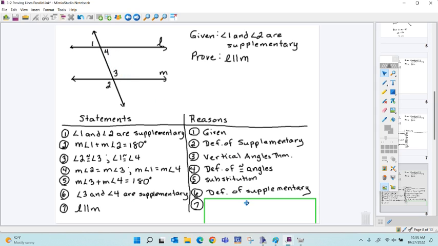So couldn't number 5 be vertical angle theorem again? Step 5 is not the vertical angle theorem, because the vertical angle theorem specifically says that the angles are congruent. This isn't saying the angles are congruent. This is actually taking the angles out and replacing them with another thing. We've also taken them out of their congruent form and put them into their equals form so that it can be dropped in.